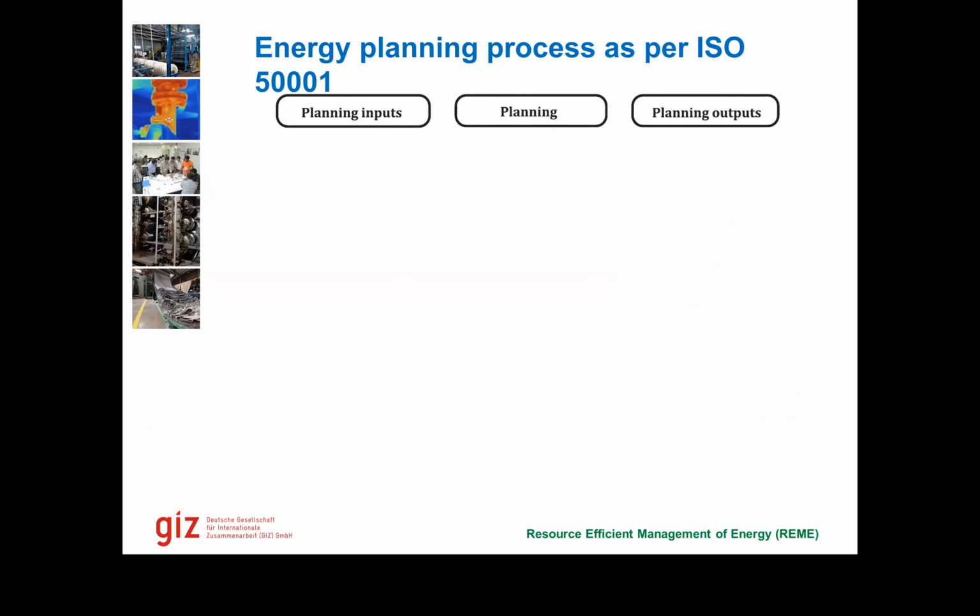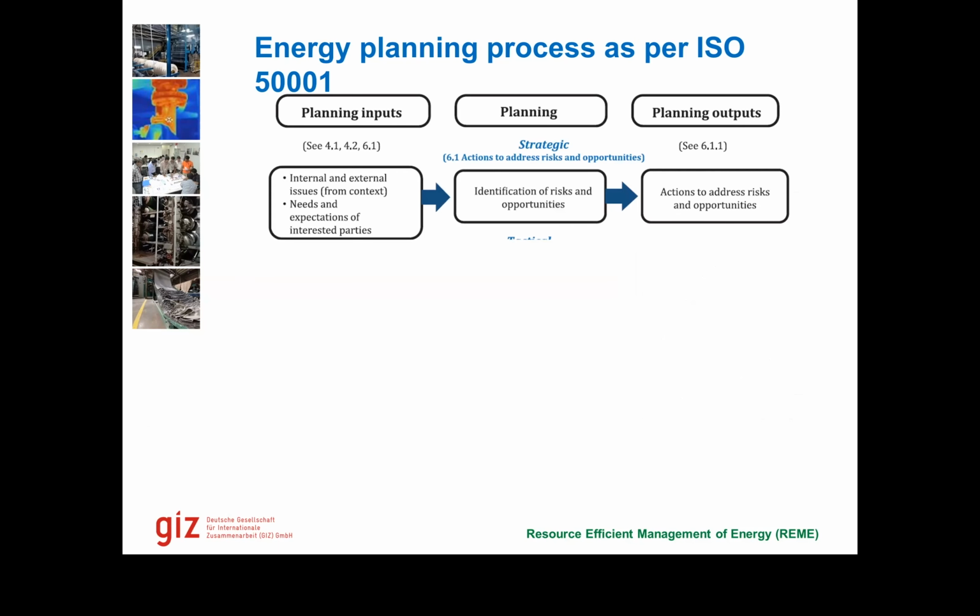So the energy planning process, as per ISO 50001, is divided into 3 phases. Number one is providing inputs for the planning. Number two is the planning process itself, and then there are some planning outputs. So at the strategic level, it requires identifying the risks and opportunities of a company with regards to energy.